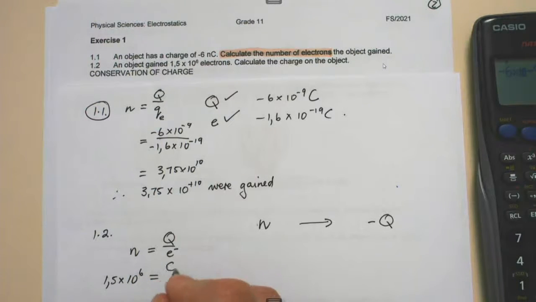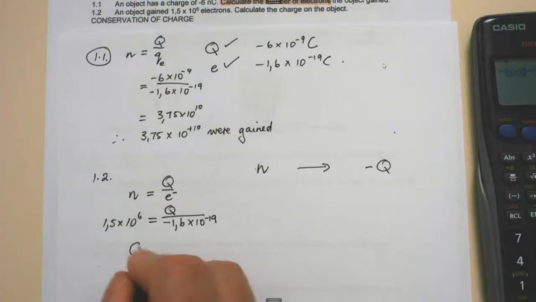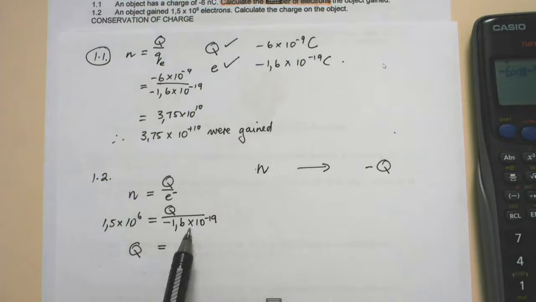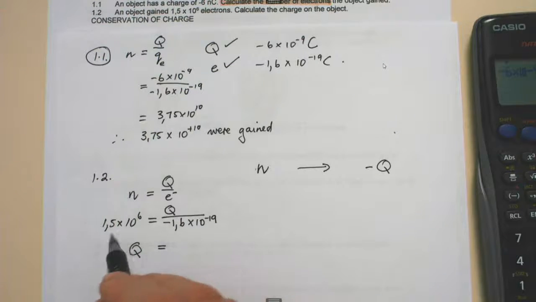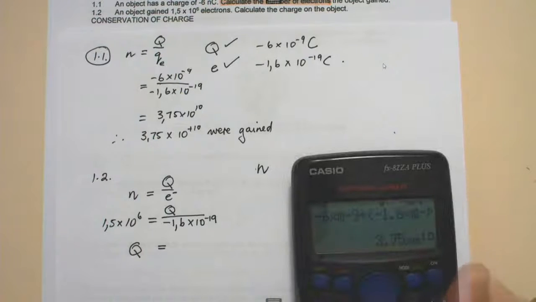I want to know what is the charge on that object, and here I'm going to give my -1,6 times 10 to the power -19, and now I have to calculate Q. So to be able to get Q, I'm going to go across with this number, so it will be 1,5 times 10 to the power 6 multiplied by that value, and that will give me my answer.